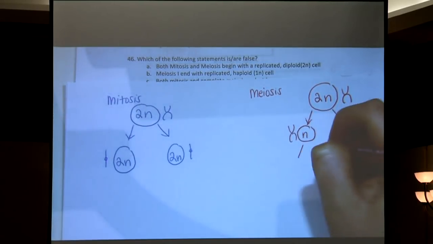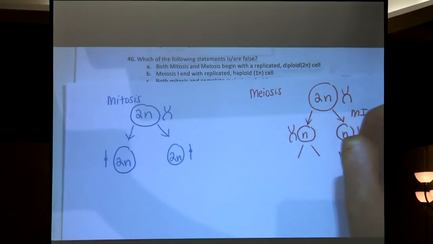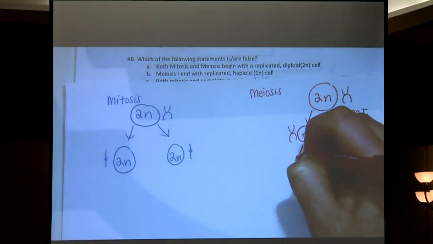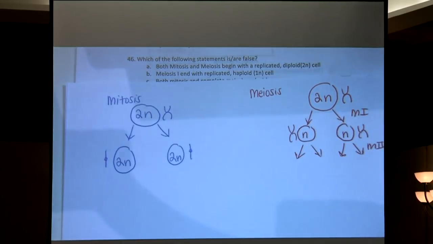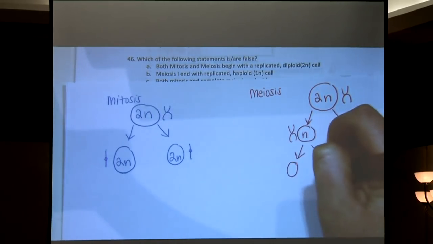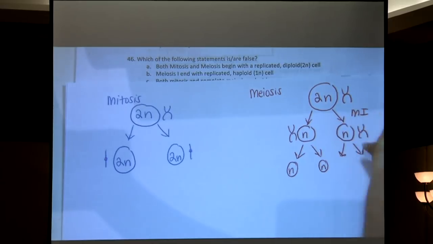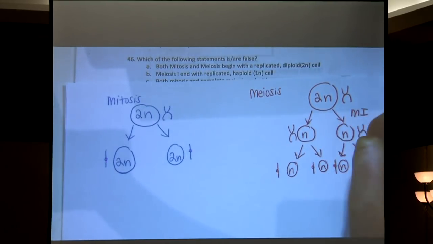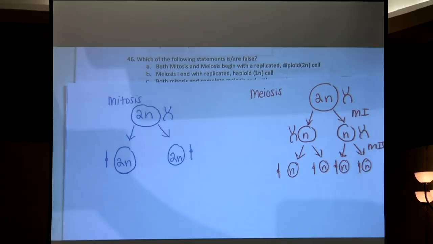Then we have to go through our meiosis 2. After that, we're still only going to have Ns, right? However, now all of these cells should also be unreplicated. All right?